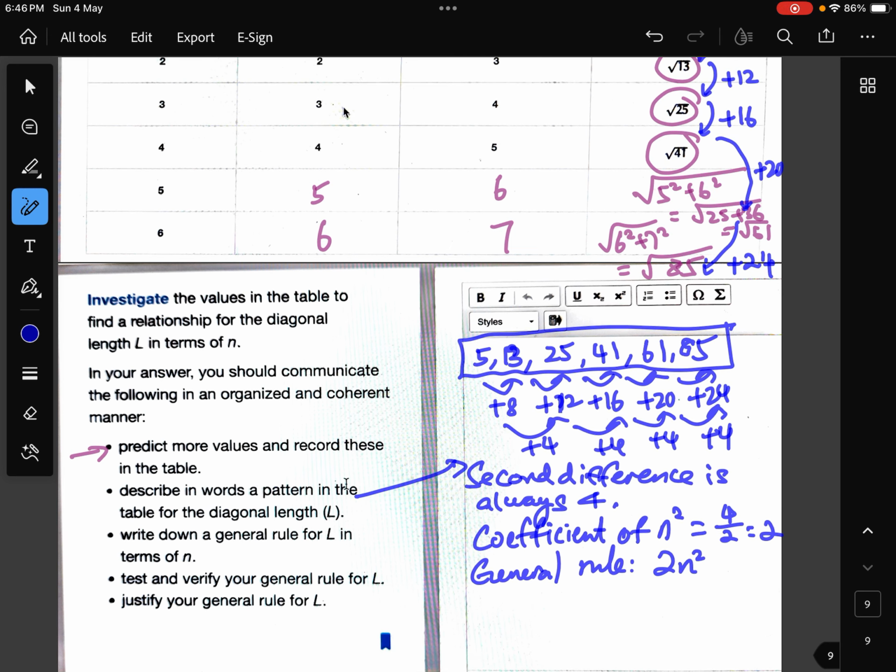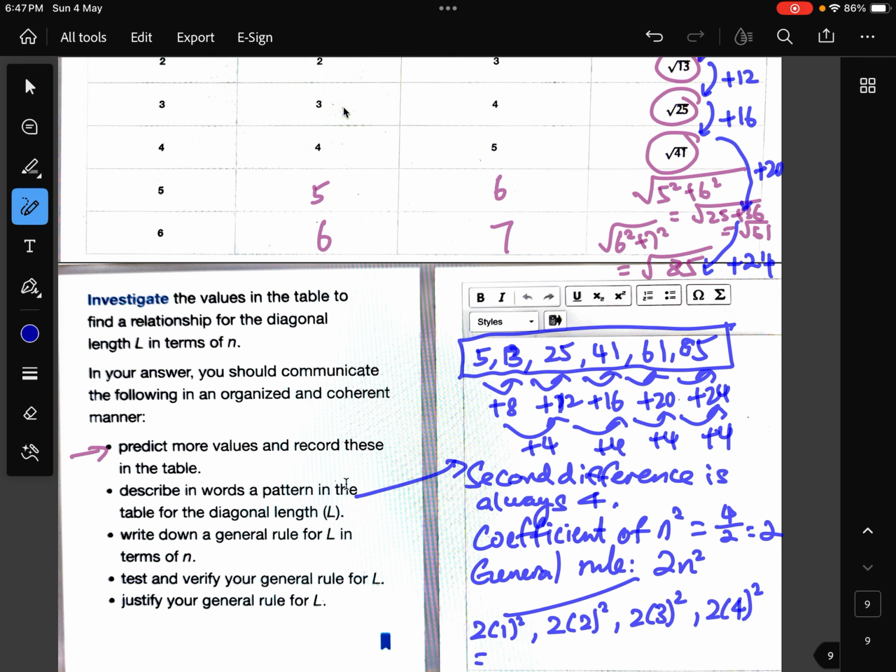Now, what I really want you to do with 2n squared is to generate the numbers that come from 2n squared. So the first term is going to be 2 multiplied by 1 squared. Now the second number is going to be 2 times 2 squared. The third number is 2 times 3 squared. The fourth number is 2 times 4 squared.